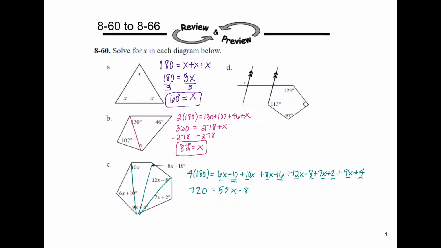The inverse of negative 8 is plus 8. 728 equals 52x. The inverse of multiplication is division. So when we divide both sides by 52, we get 14 is equal to x.